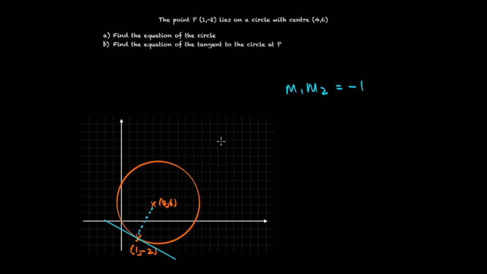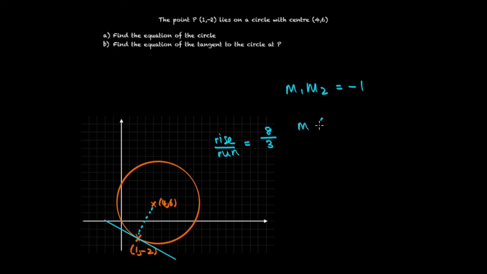For the dotted line, the rise over run is, so from minus 2 to 6 is plus 8, and from 1 to 4 is plus 3. And so the gradient of the dotted line is 8 over 3.